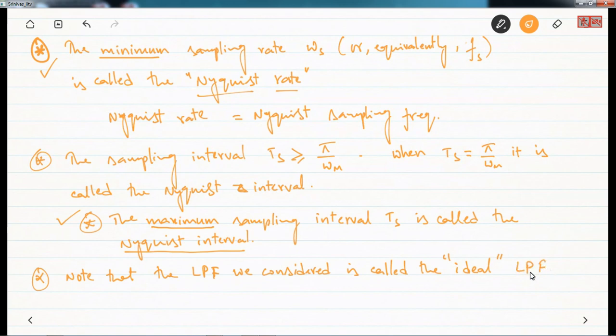Why? Because see, a low pass filter needs some rise time and some fall time generally. So if you do some courses on electronic circuits you will understand that no circuit can instantaneously have a response. Like in the frequency domain, what we considered was this response, right? But this is called an ideal filter, because in practice you cannot have a filter having the sharp cutoff.